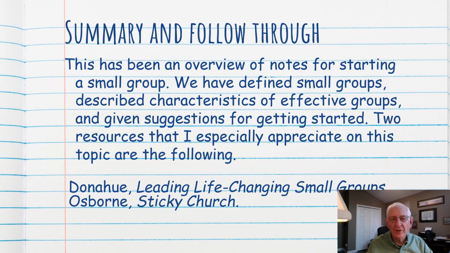Of course, there are many more things that we could go into greater detail, but in this presentation we have defined small groups, described characteristics of effective groups, given suggestions for getting started, and there are two resources that I especially appreciate on this topic, and they are Donahue's book, Leading Life-Changing Small Groups, and Osborne's book, Sticky Church, which relates really small groups, not only telling how to conduct a good small group, but how it relates to the church, the local church, as an organization.